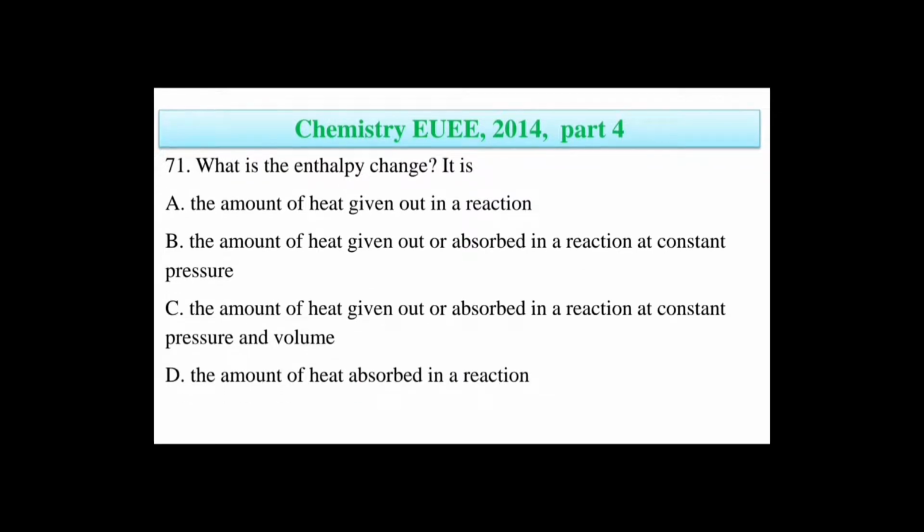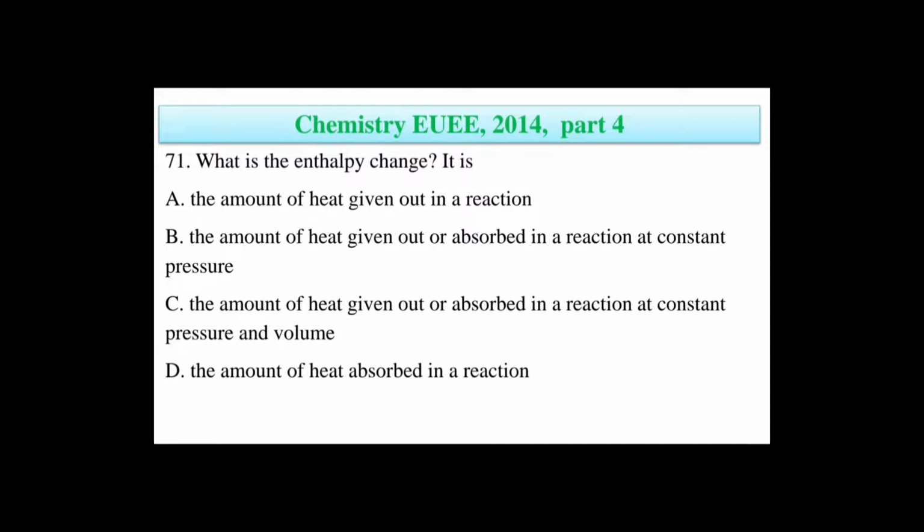Question 71: what is enthalpy change? It is A, the amount of heat given out in the reaction; B, the amount of heat given out or absorbed in the reaction at a constant pressure; C, the amount of heat given out or absorbed in the reaction at constant pressure and volume; D, the amount of heat absorbed in the reaction.